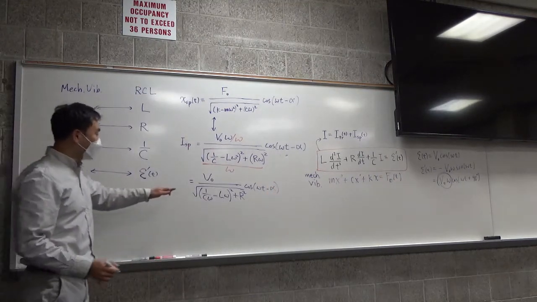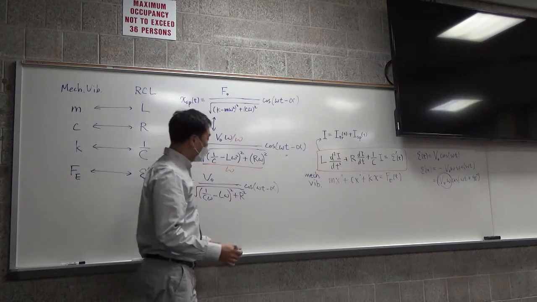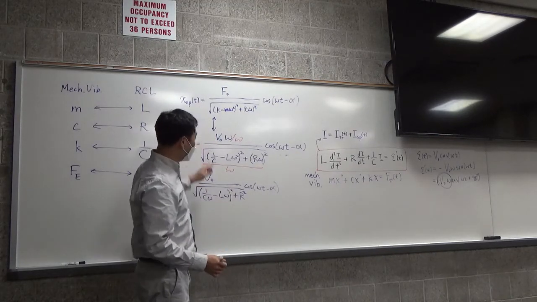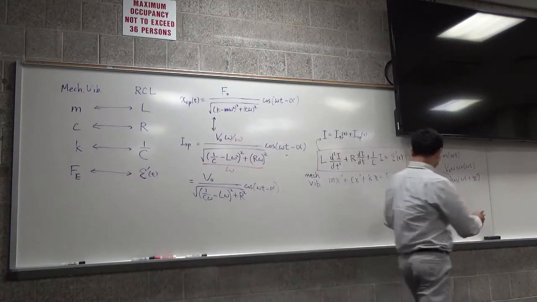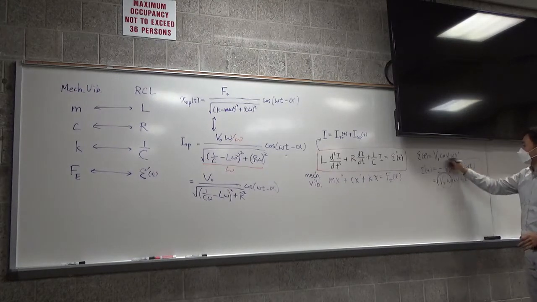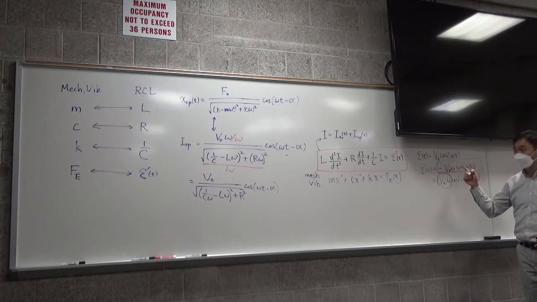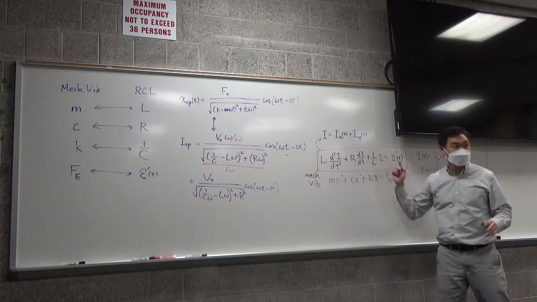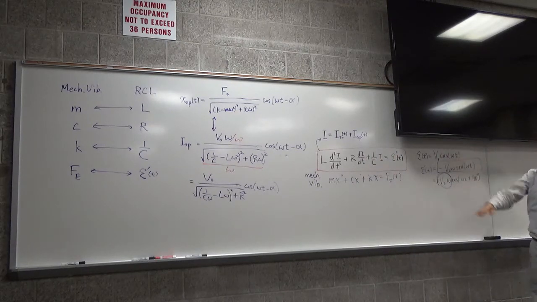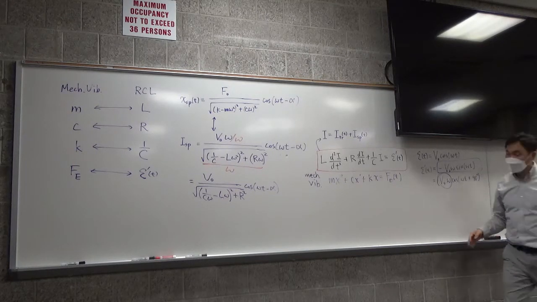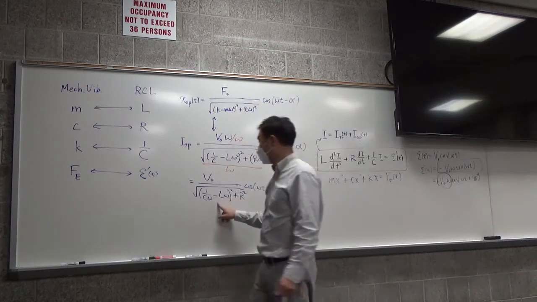And by the way, you can get the same exact answer by, instead of using this formula, just solving it for this one. You can leave the right side like this, leave L, R, 1 over C as they are, and just do the method of undetermined coefficients. It's a huge calculation, but at the end of the day, you will get exactly this.